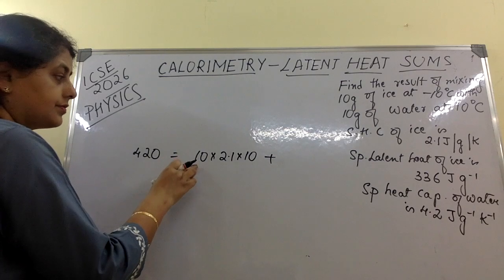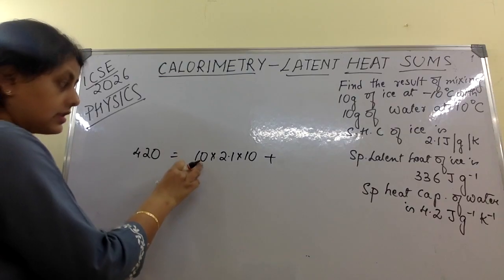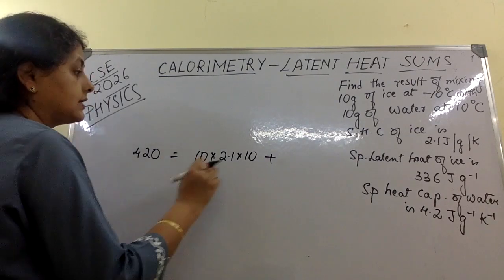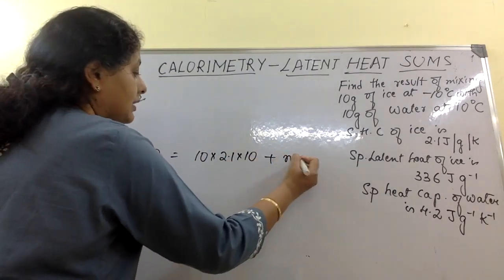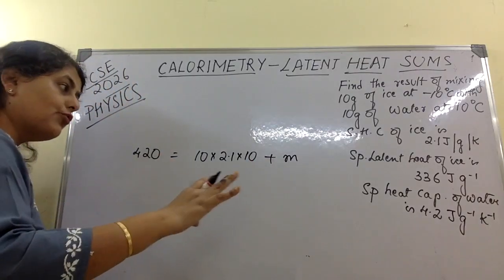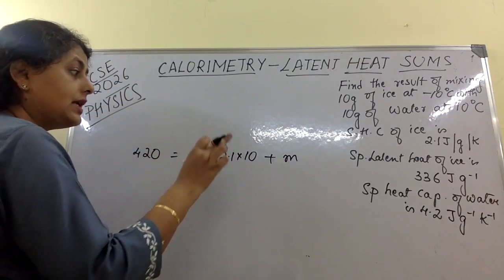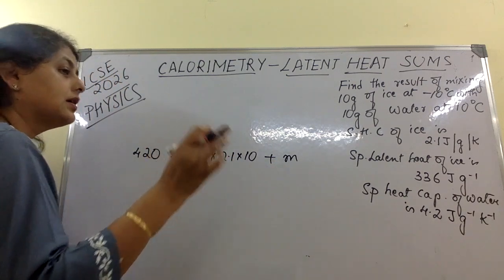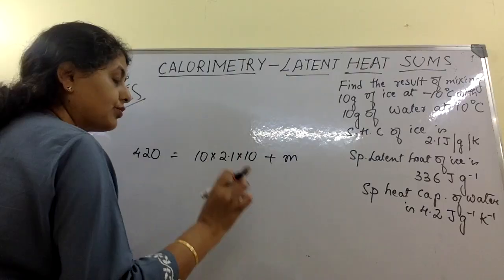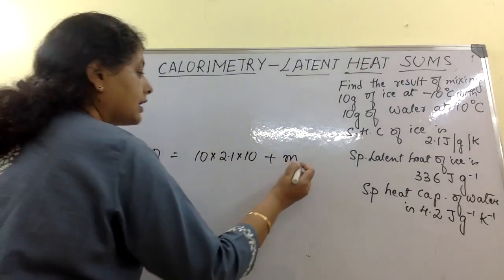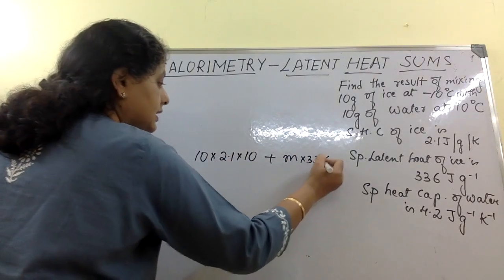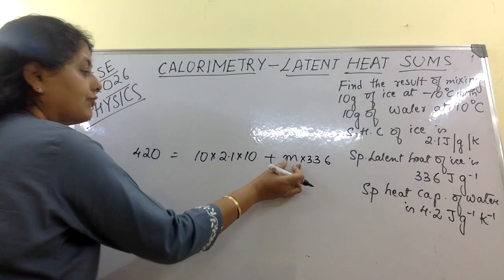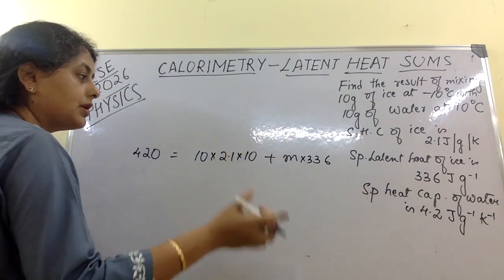This is the mass of ice, plus m. Now the entire ice has become water with this help, but m is the mass which is only becoming liquid at 0 degree, into 336, meaning this much of ice will finally become water at 0 degree.